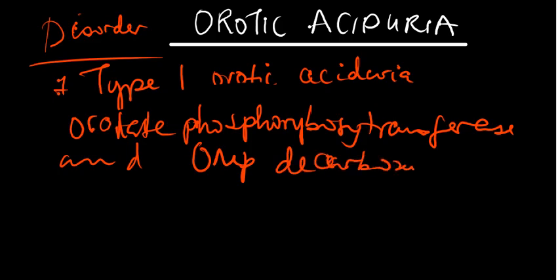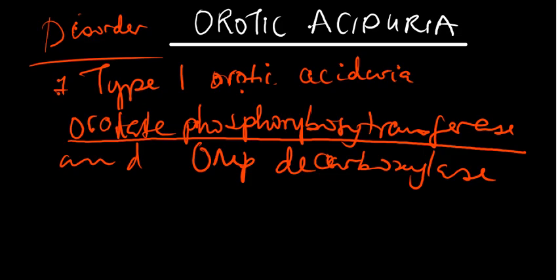Okay, so this is what type 1 orotic aciduria is all about. It's an autosomal recessive disorder that affects the protein that acts both on orotate phosphoribosyltransferase as well as OMP decarboxylase. And we know that these enzymes have specific roles.